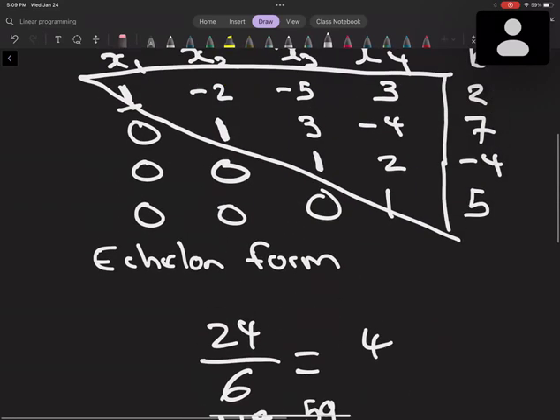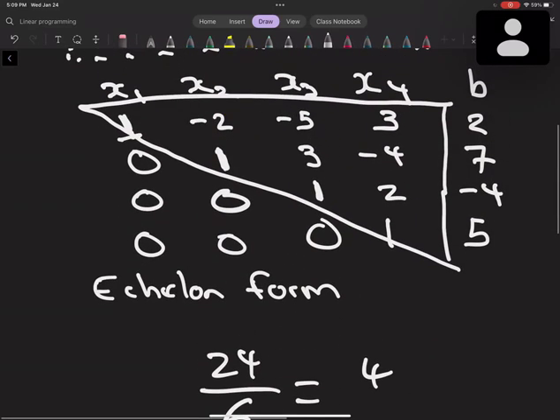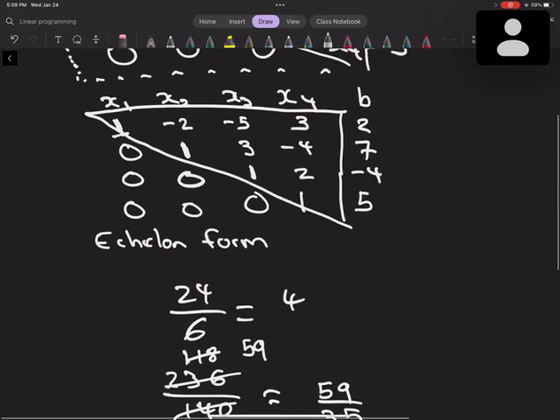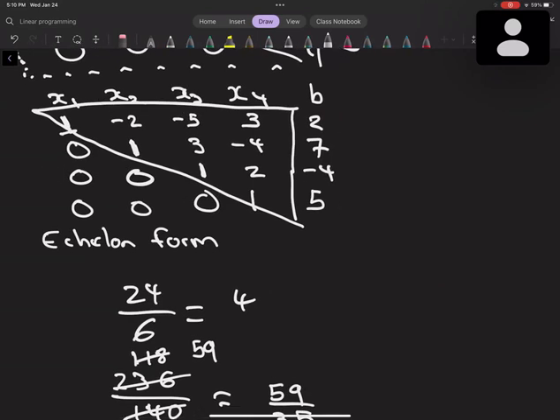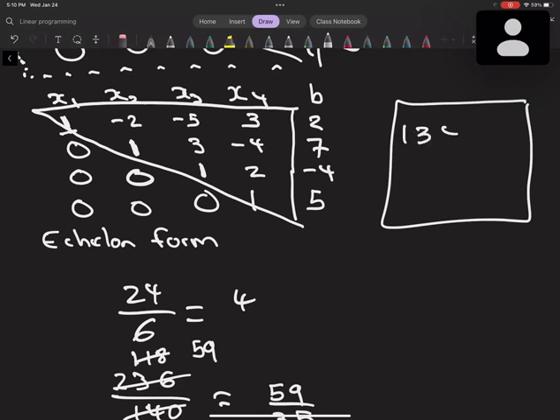So echelon form, the idea is that we transform a matrix, and this is again the future. So it's a spoiler alert, but in science, this is important. So we're going to have matrices like 1, 3, 5, 4, 5, 6, 7, 8, 9, 10, 11, 12, 13, 14, 15, 16, 17, 18, or whatever.